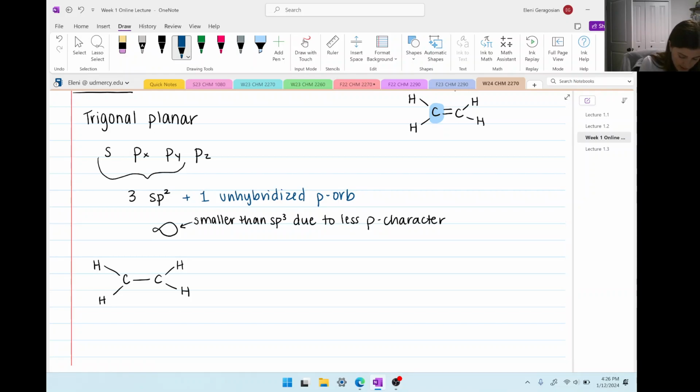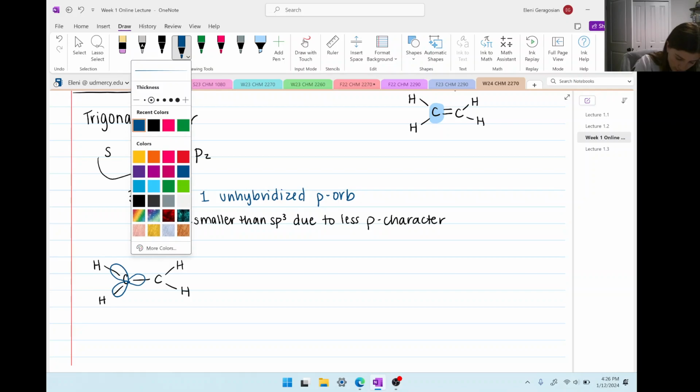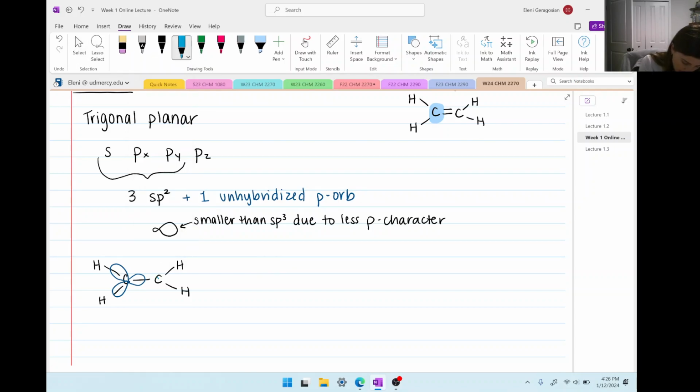So that means that this carbon, one of the sp2 orbitals, overlaps to form the carbon-to-carbon bond. One forms carbon to hydrogen, one forms carbon to hydrogen. Same thing is true, I use a slightly different blue, for the other carbon. So already, right here, we can see a carbon-to-carbon sigma bond or a single bond.